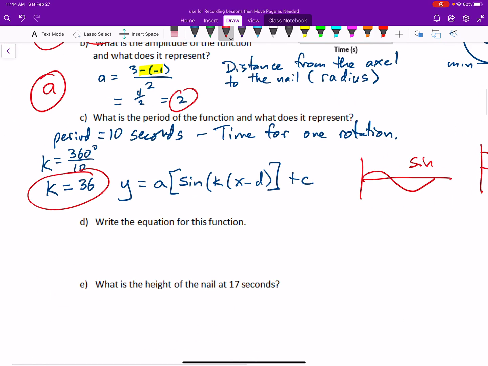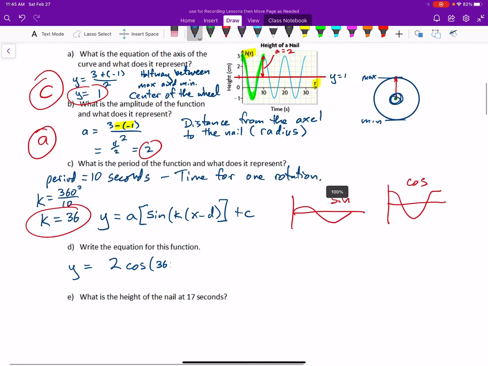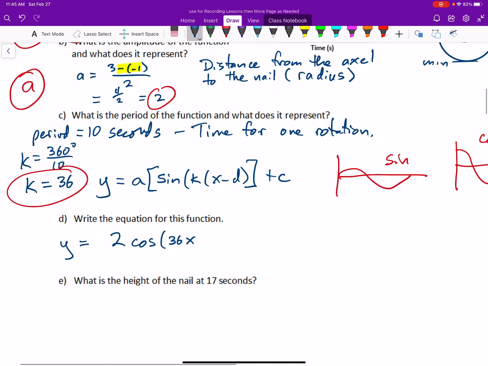So putting it together, I want to use cosine. I'll start by writing cos down here, and then I'll plug in things where they belong. So y or f of x, doesn't matter which I put in. Remember, a was equal to 2, so y equals 2 cos. I had a k value, which was 36, and that goes in front of the x. There's no d value, because if I start with cosine, I don't have to do a horizontal shift.